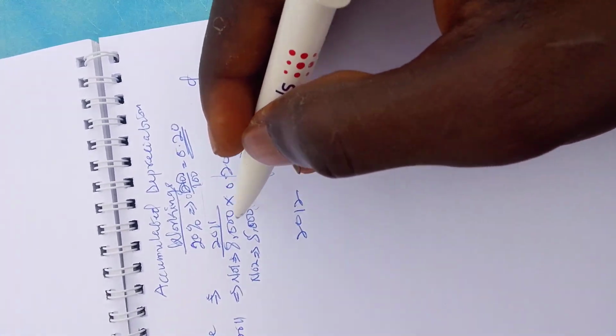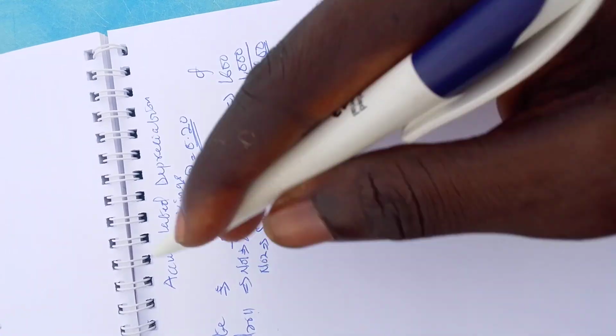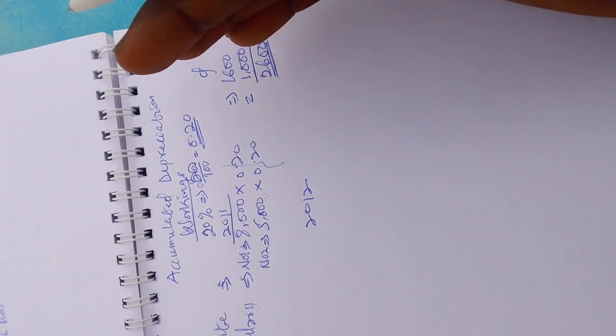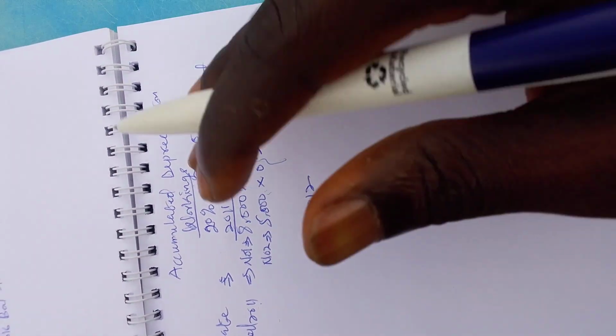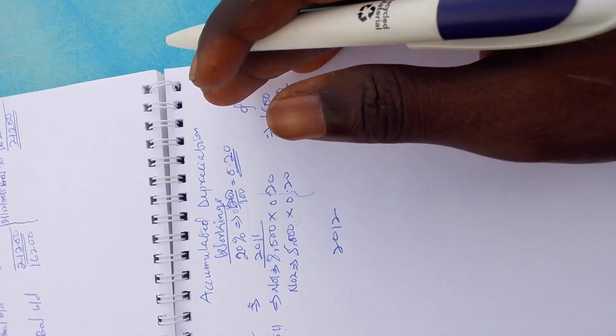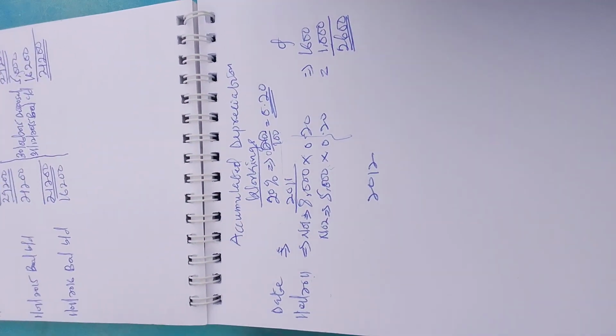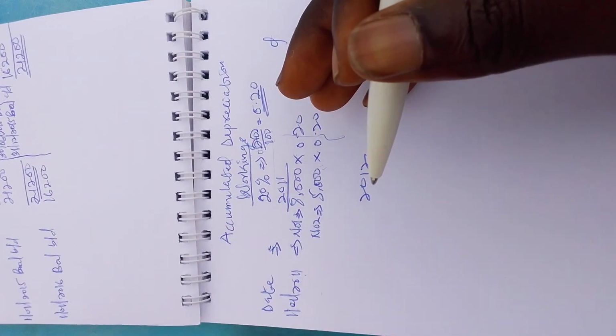These two assets, when they were purchased in 2011, they didn't sell the assets. The assets weren't sold out. So the assets were still being used in 2012.